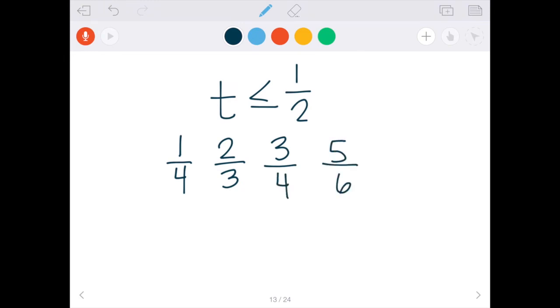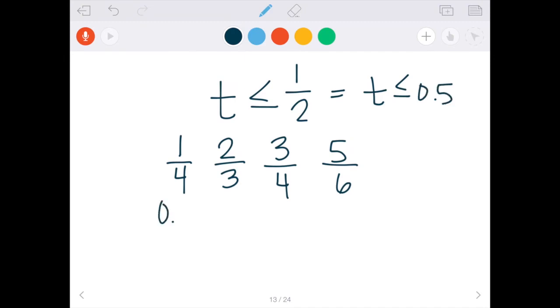All right, in this situation, you've got a fraction. Pause the video for a second and take a minute to figure it out. Now in this case, if you're not very good with fractions, if you can't look at them and tell which ones are bigger and which ones are smaller, the best thing I would do is change these all to decimals. So 1/2 is really t is less than or equal to 0.5.